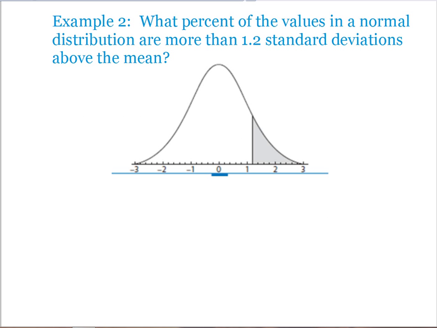For instance, let's say that I want to find the percent of data in a normal distribution that's more than 1.2 standard deviations above the mean. As we get further into this problem, keep in mind that when it says more than, we're also talking about any outliers that are to the right of that score.